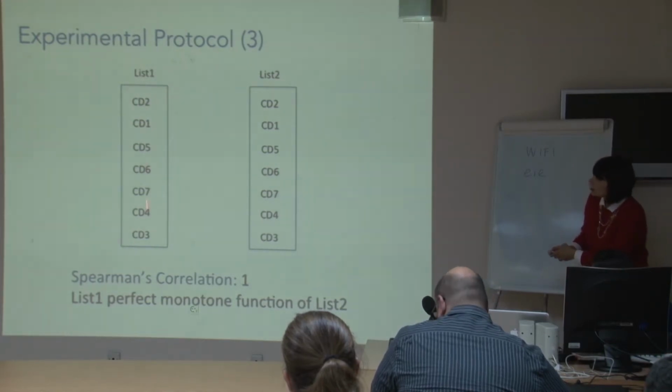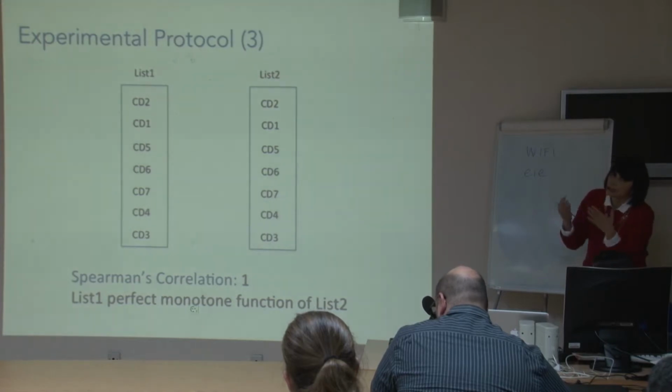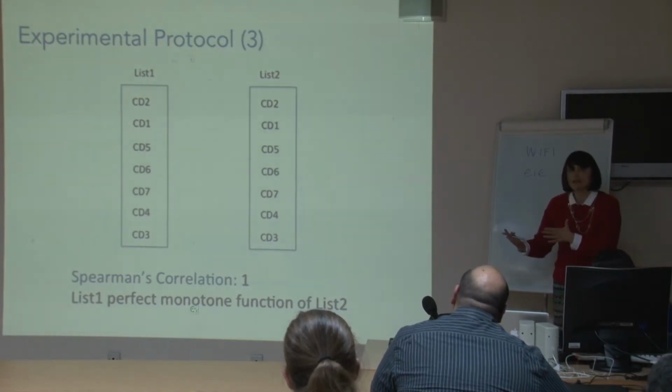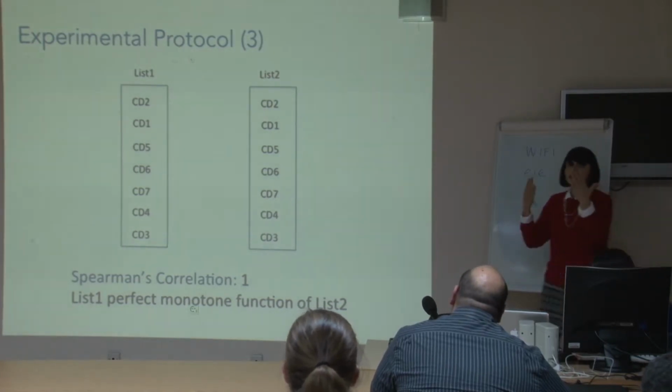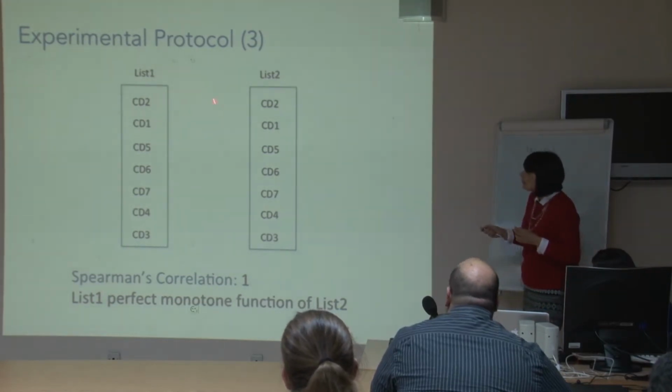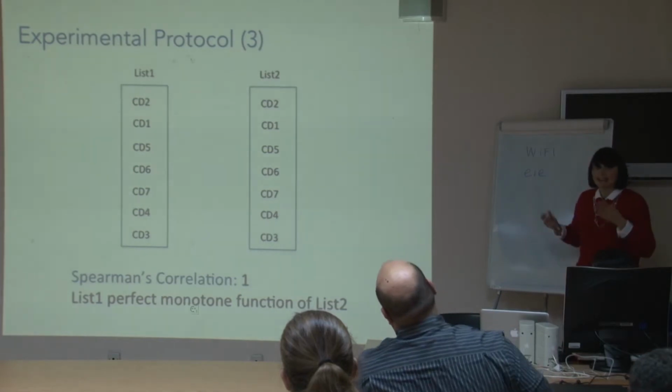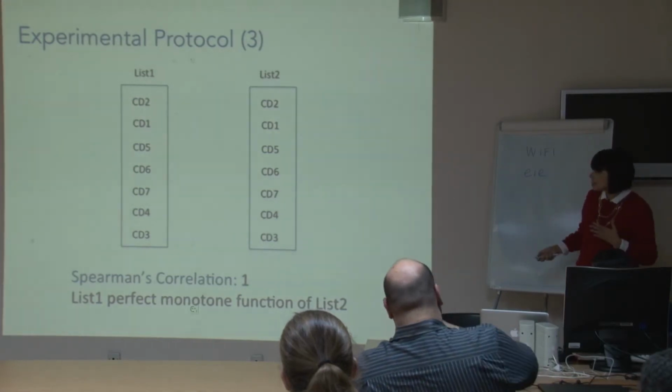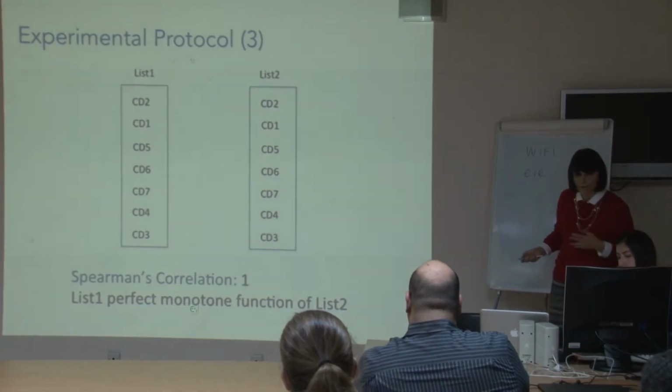The Spearman-Rho correlation between configuration 1 and configuration 1 is 1 because these orders are exactly the same. So if we have 2 lists and the lists are exactly the same, the Spearman-Rho correlation is 1.